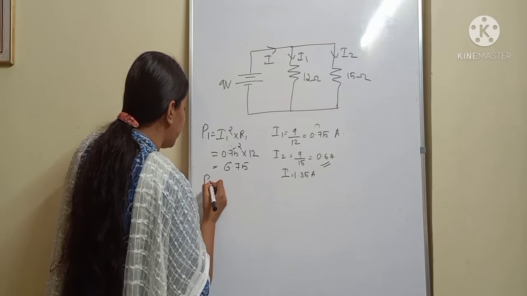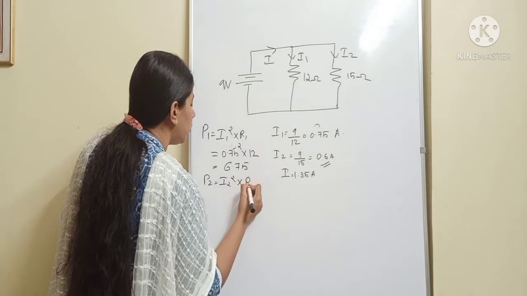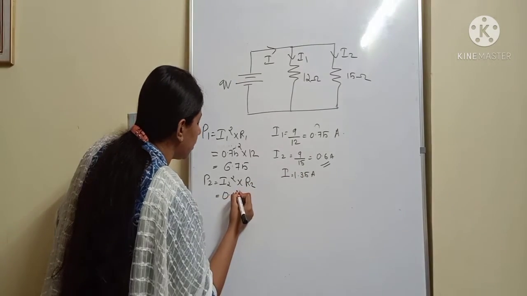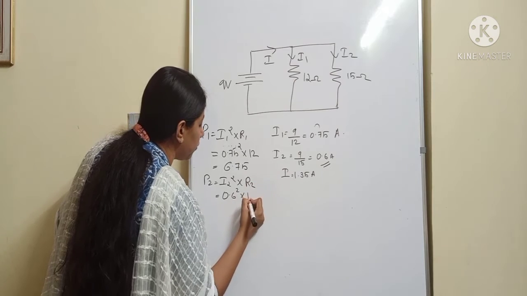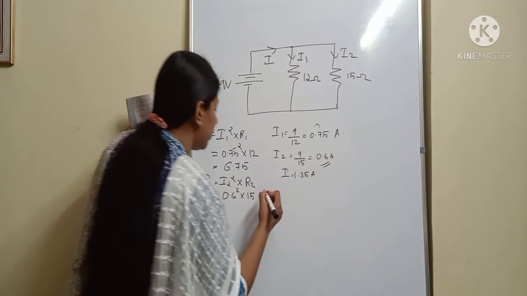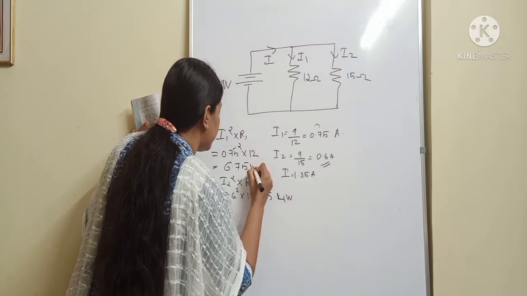Now P2 will be equal to I2 squared into R2, and the value of I2 is 0.6 squared into the value of R2, which is 15 ohm, and this will be equal to 5.4 watt.